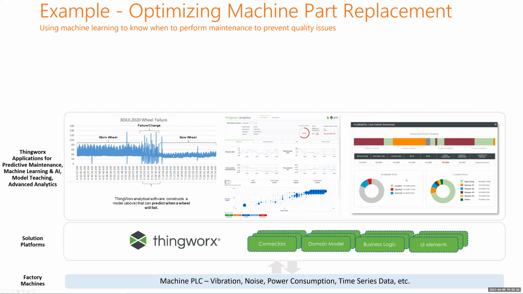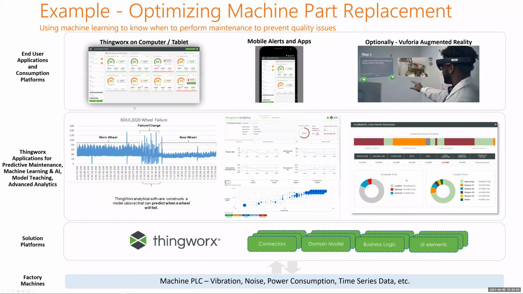And so based on this information, in terms of the amplitude and the variance, we were able to very confidently predict when these wheels were approaching the end of life, and make the change before a failure occurred, but getting as much life as we could out of those wheels. And then we were able to present that on a computer or tablet, mobile device, as well as augmented reality type of visibility.